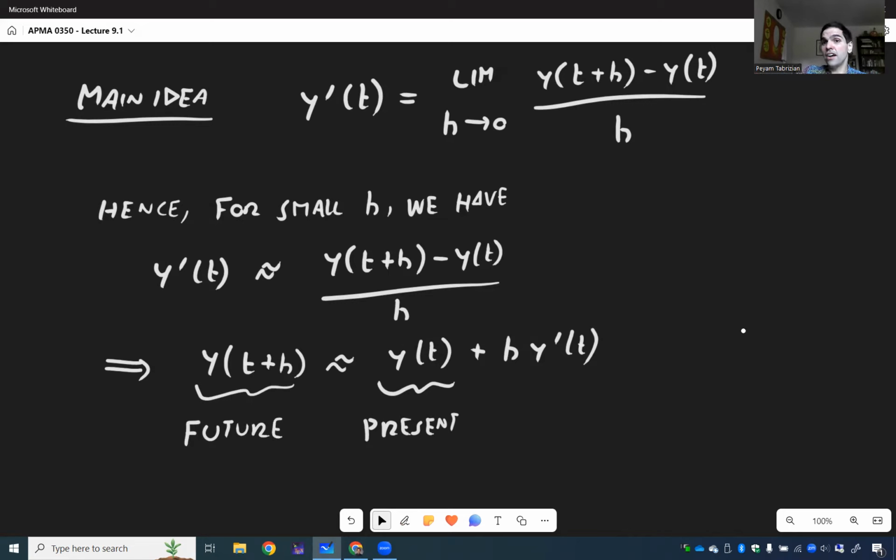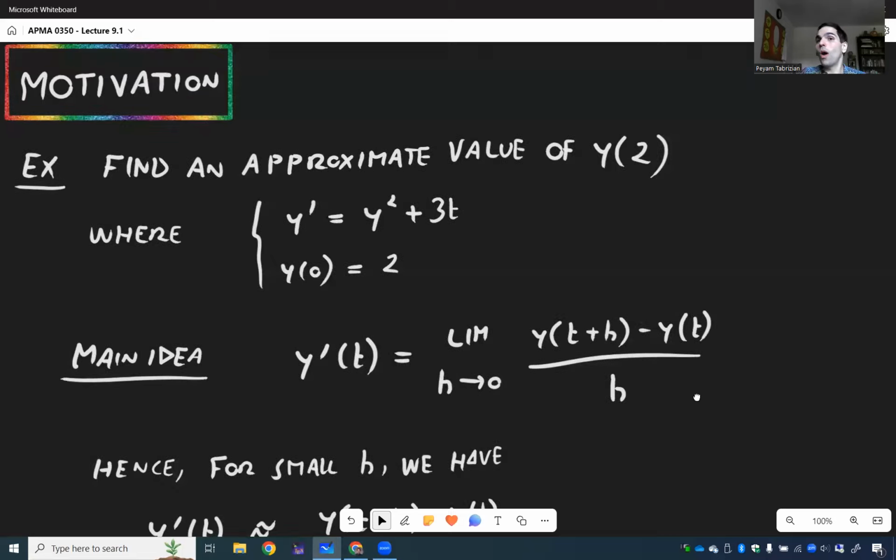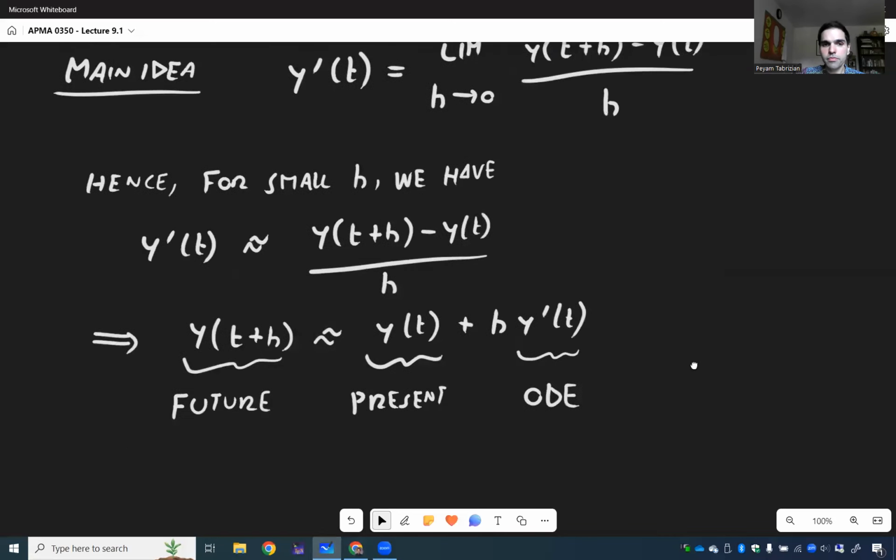And this equation tells us the future is roughly the present plus h y prime of t. But remember, y prime of t is given by the ODE. We can actually calculate this because y prime is y squared plus 3t.